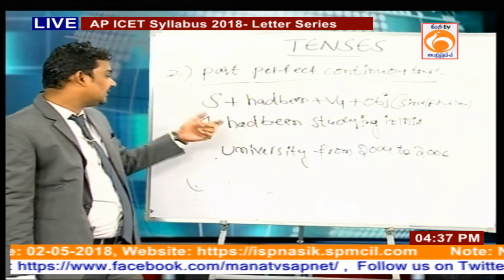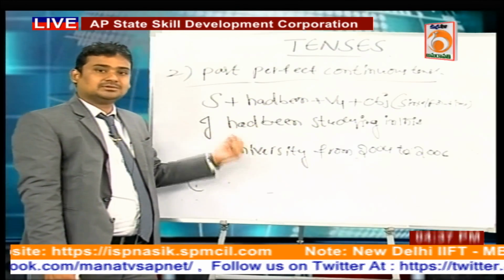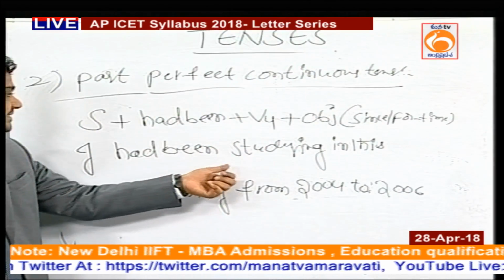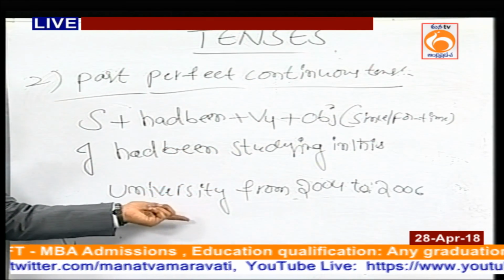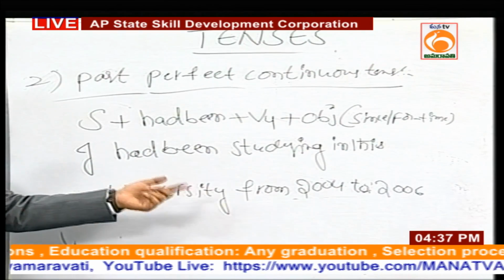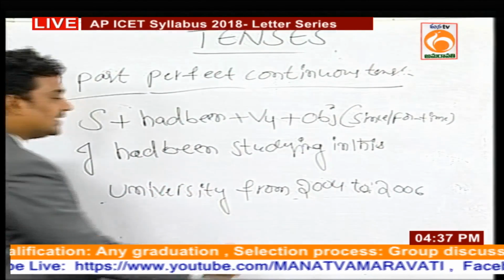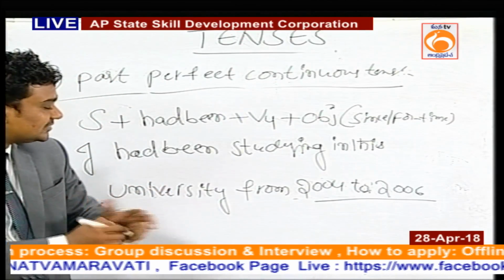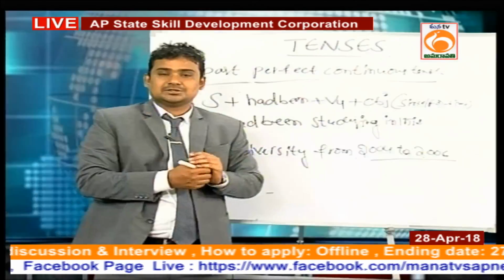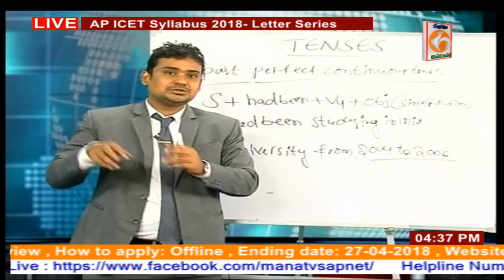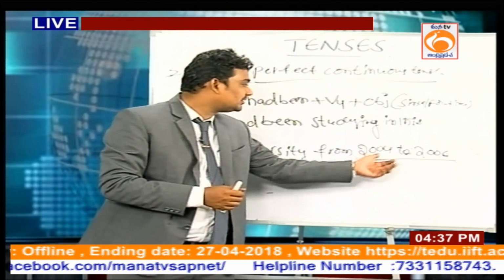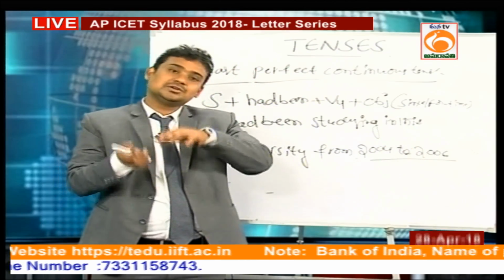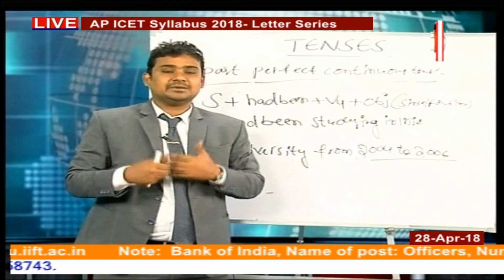You can observe carefully the example of past perfect continuous. You can observe the thing, 2004 to 2006. So one past action has two times here. One is 2004, the second one is 2006. So between 2004 and 2006, I had been studying.